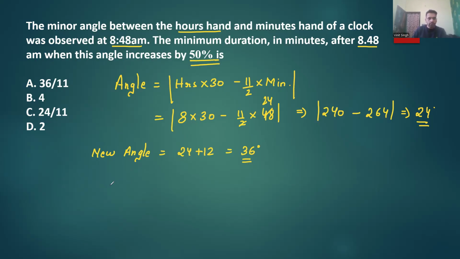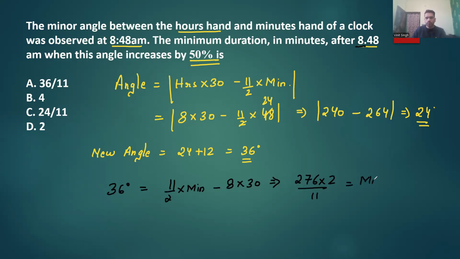So the angle is 36 degrees, and this is given in the mod form. So we will solve it. 11 by 2 into minute minus hours, which will remain the same, 8 into 30. So 8 into 30 is 240, 240 plus 36 is 276, 276 into 2 upon 11.